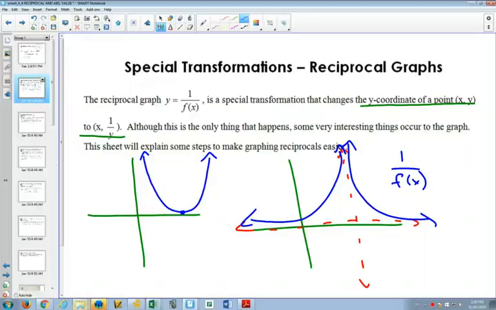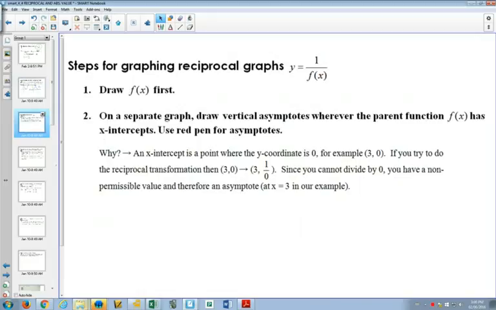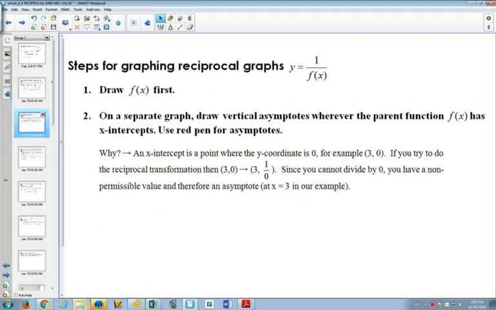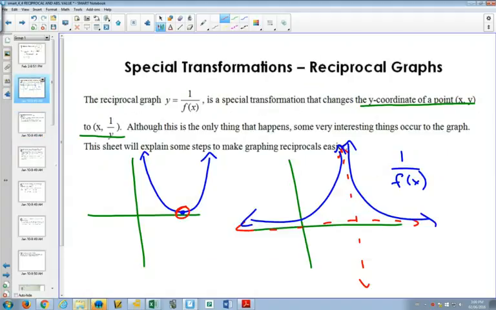Well, we're going to figure out, why does a graph change so much? What are some of these interesting things? If we were going to graph something, the first thing you're going to do is graph your original function. So if you had the parabola, here's the original function that you would graph. Once you've graphed that original function, wherever you have x-intercepts, you're going to draw asymptotes. Because what happens at this x-intercept? Your y value is 0.